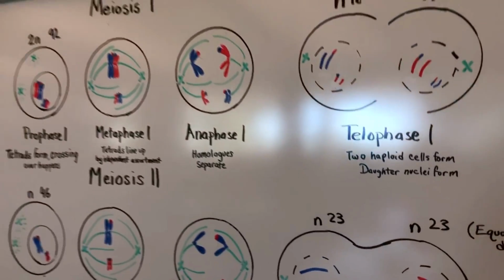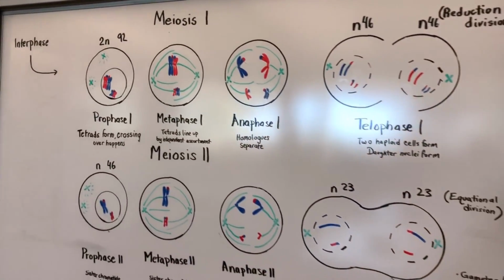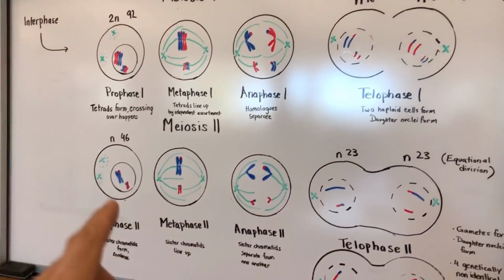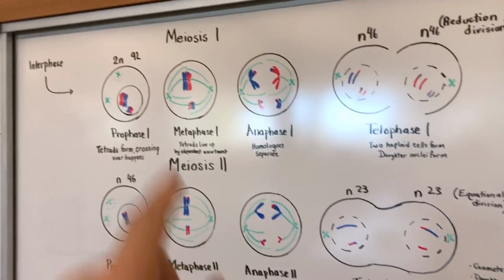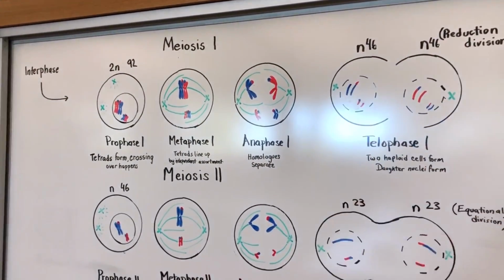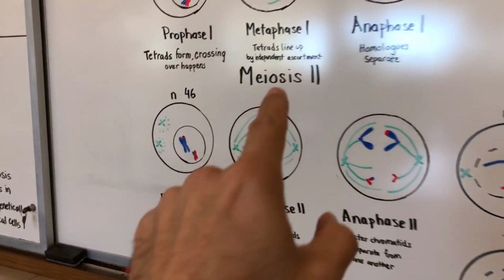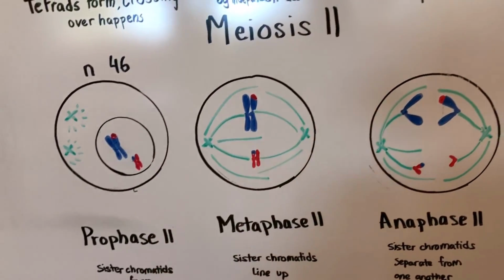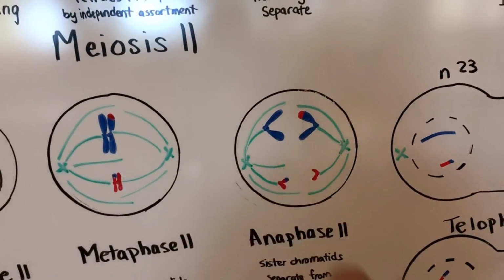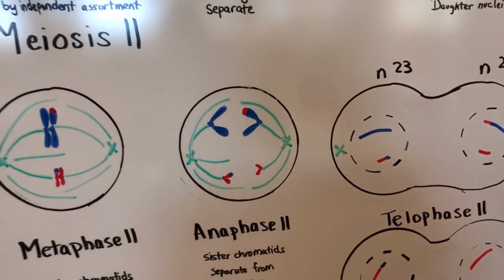And one last thing you should understand about meiosis, and that is that it looks like meiosis II is a lot more similar to mitosis than meiosis I. Okay? And look, in meiosis II, sister chromatid pairs form, sister chromatid pairs line up, and sister chromatids separate from one another.